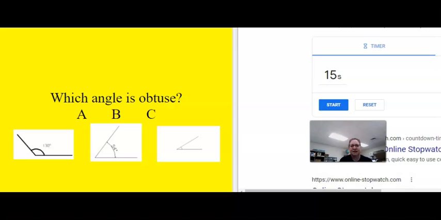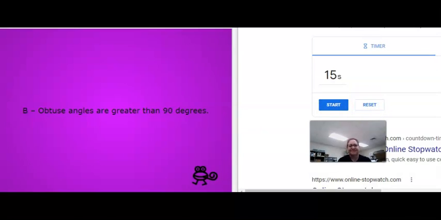Which angle is obtuse? You chose B. Obtuse angles, you know, are larger than 90 degrees. Give yourself a pat on the back.